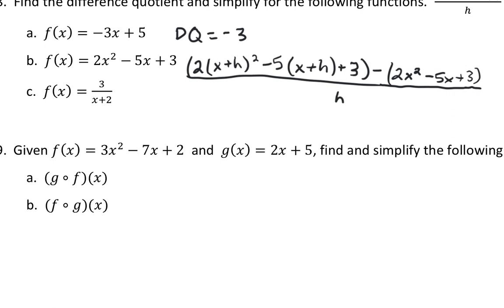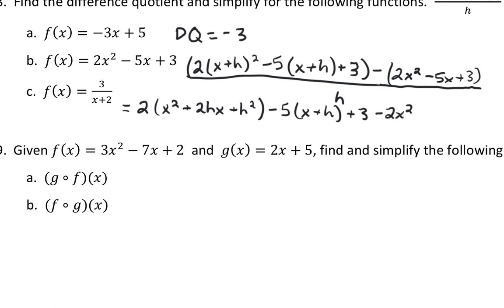This is all divided by h. So here, we're just going to simplify after we expand. So we'll have 2 times x squared plus 2hx plus h squared minus 5 times x plus h plus 3 minus 2x squared plus 5x minus 3 all over h.